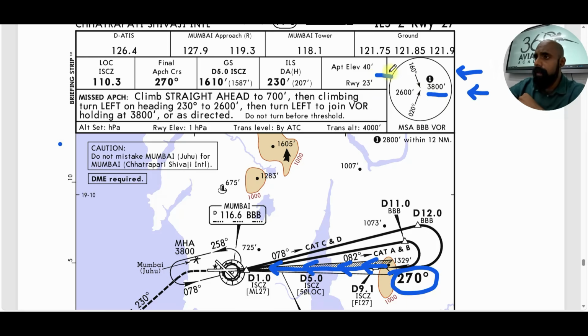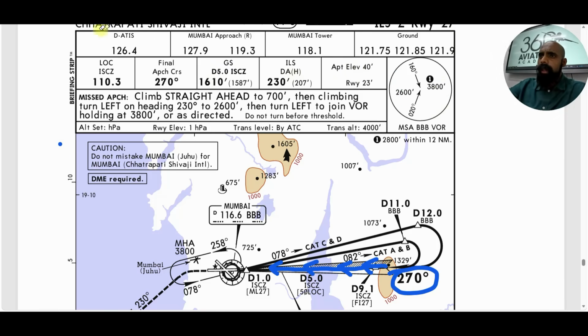If you're approaching the airfield from the west, then as long as you maintain 2,600 feet, you will be above the MSA, and it will keep you clear of obstacles and terrain. Since this is divided into two sectors, the east and the west sector, it is also called your sector altitude. As long as you stay above this, you're safe.